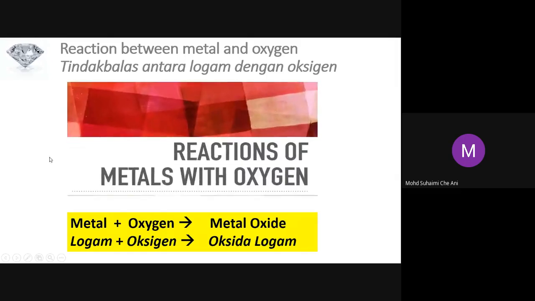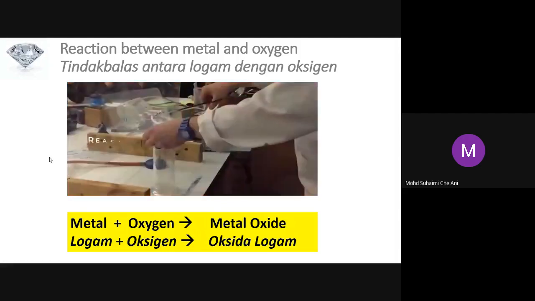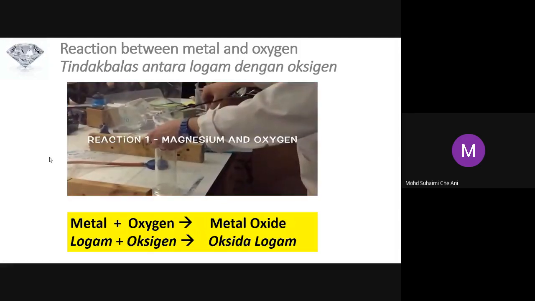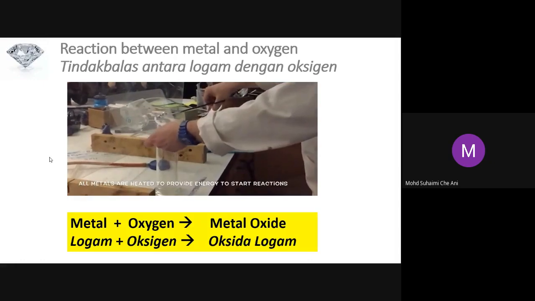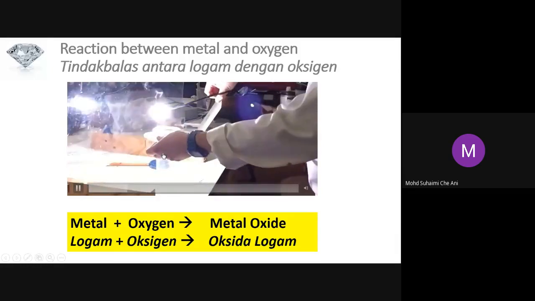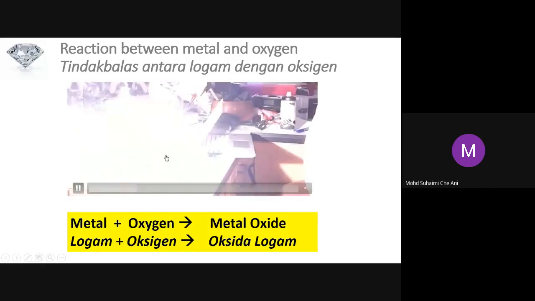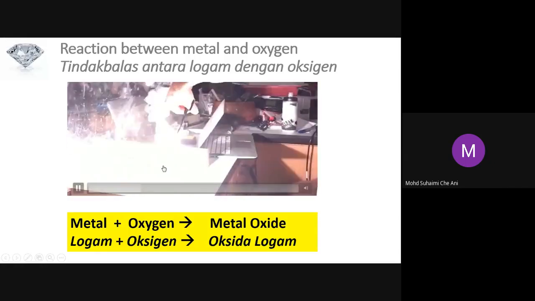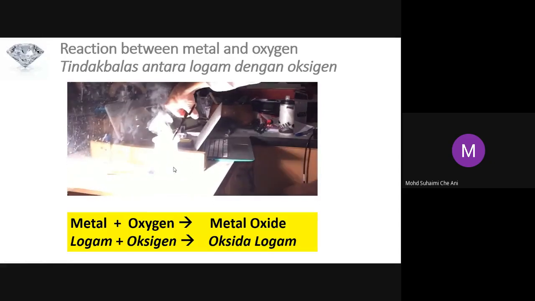For example, in this video, they did the experiment on magnesium, copper, and iron. When they heat the magnesium metal, the magnesium strip over there, you can see there is a bright flame. The reaction occurs very fast and it produces a large bright flame.